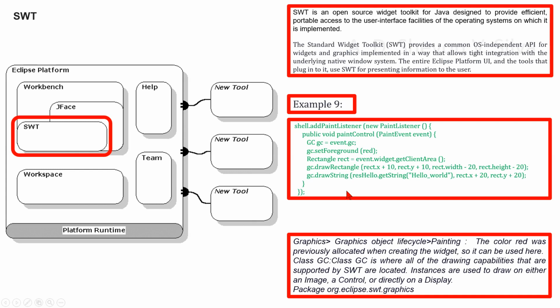Below is a snippet from the org.eclipse.swt.examples.helloworld5 example. The color red was previously allocated when creating the widget, so it can be used here.